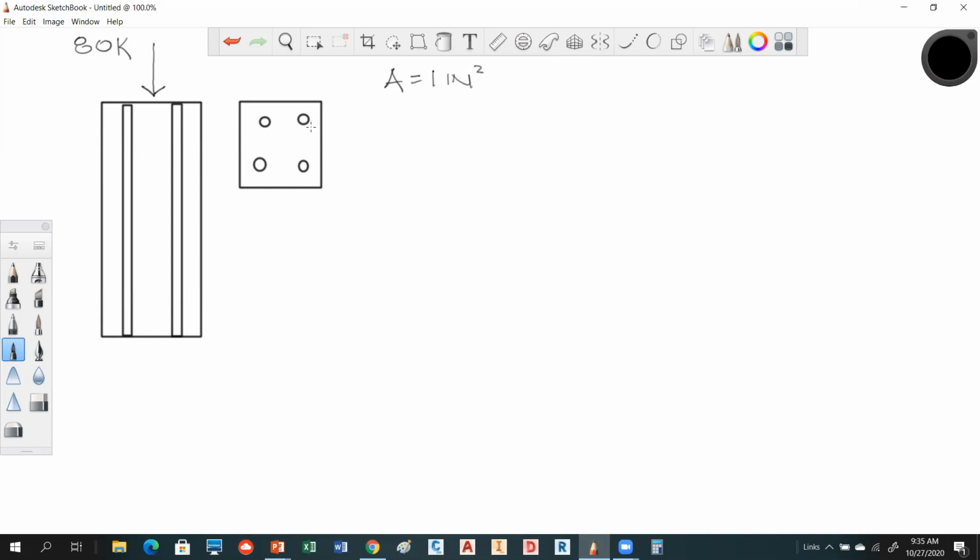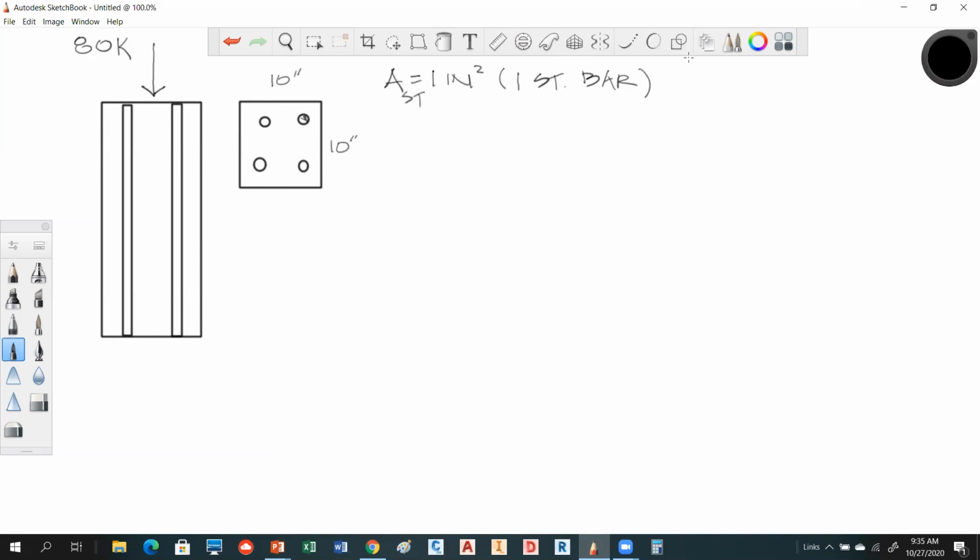So the area of one of these guys is 1 square inch. That's 1 steel bar. And this column is 10 inches by 10 inches. All right, so this is the steel right here.